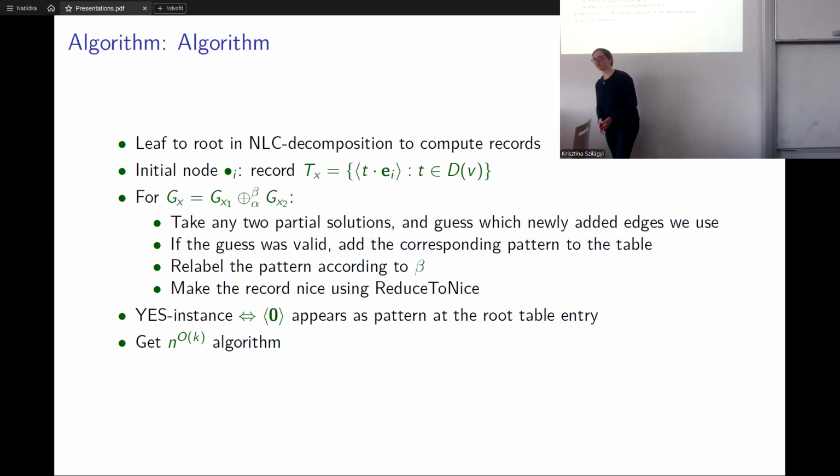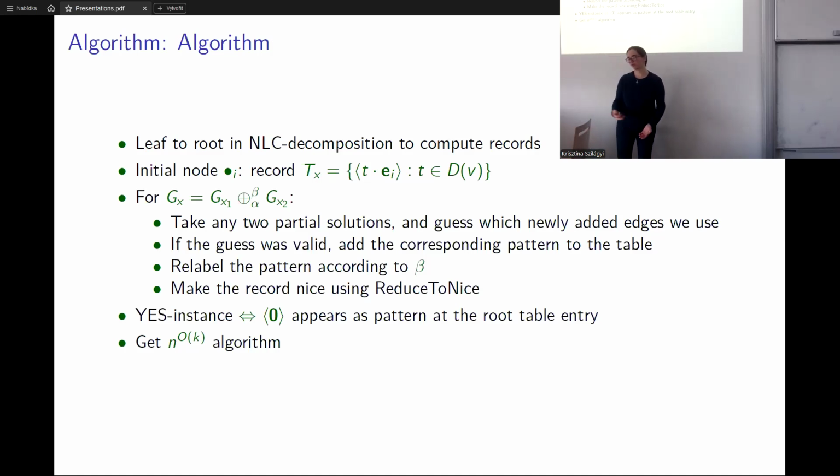So finally, how do we know whether we have a solution or not? In the end, we will have a record at the root, and our algorithm needs to return yes if and only if at the root we have a zero vector as a record.